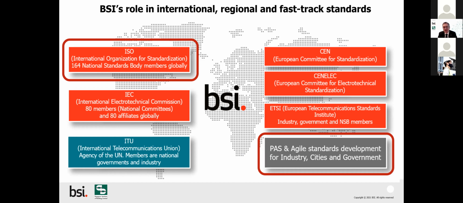Put simply, this is a service where we're able to work with industry to develop a standard rapidly where there's no standard currently available and where there really is a challenge that needs to be addressed. And this was very much where BSI started its journey in shaping the world's first standards to support BIM.